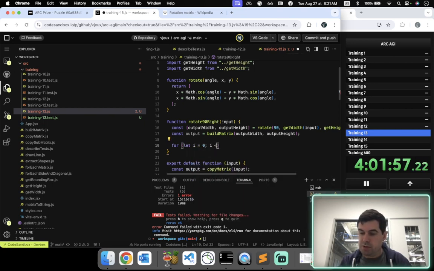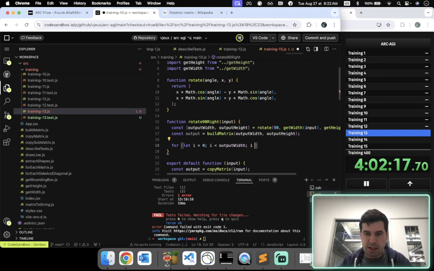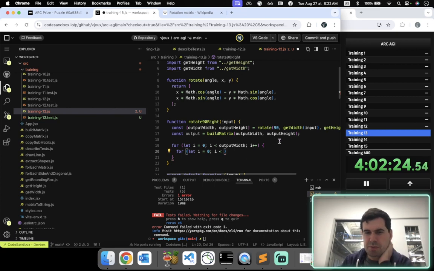Now what we want to do is to iterate over every single point, figure out what the rotation is, like the new point in space, and then copy it from the input. So for let i equals 0, i below output width, i plus plus. No, actually it should be the input width. So we iterate over the input width and we can know the output.